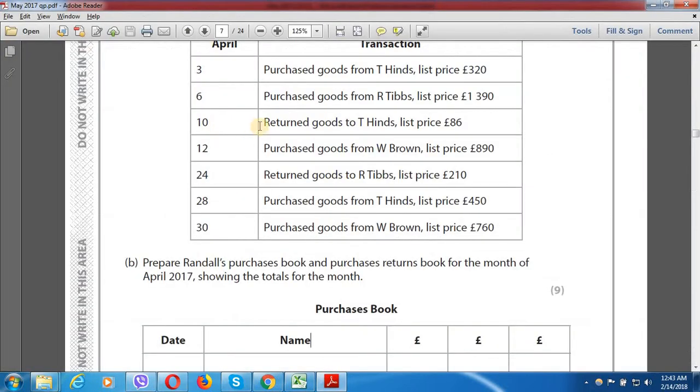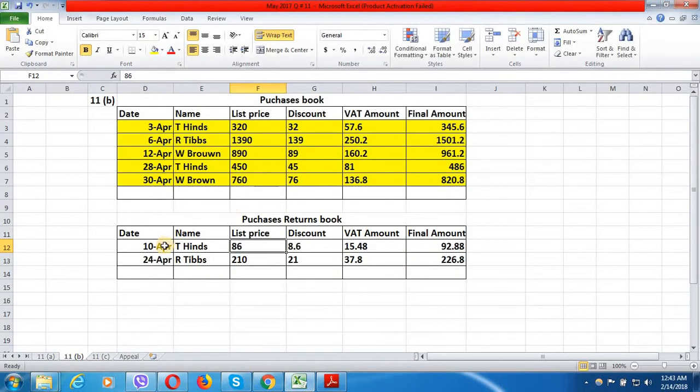Please have a look. 10th April, returned goods to T Hines, list price 86, discount on 86 will be 8.6, and the VAT amount, 20% into F12 minus G12, will be 15.48. Final amount will be 92.88.